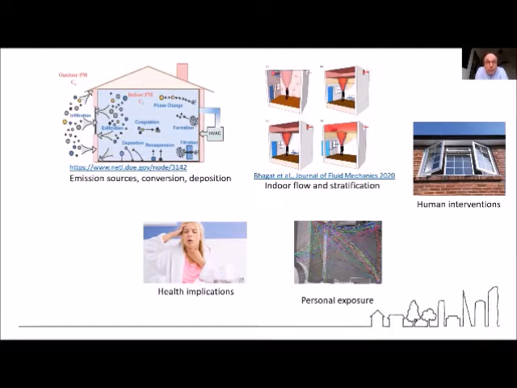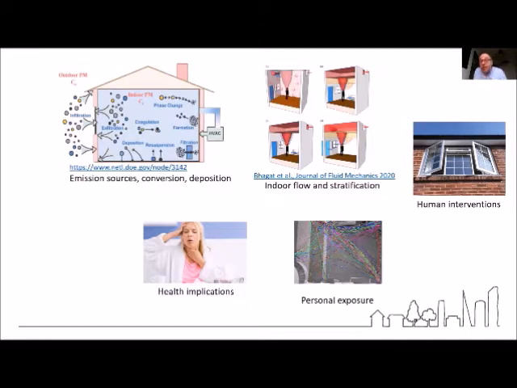You might have chemical reactions and formations, they might deposit on the floor, and they obviously interact with HVAC systems and filtration systems. And really what is core to our network is the flow, because the flow determines where pollutants go, and both indoor and outdoor flows can be incredibly heterogeneous.